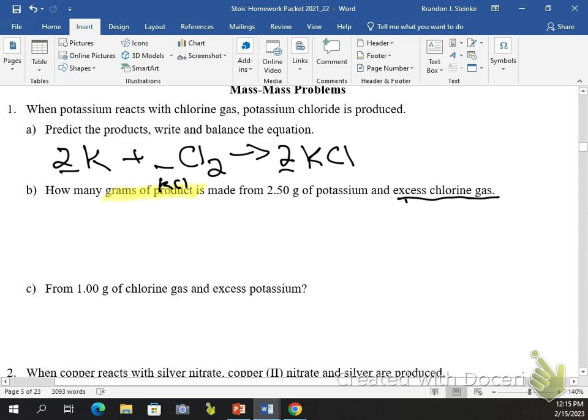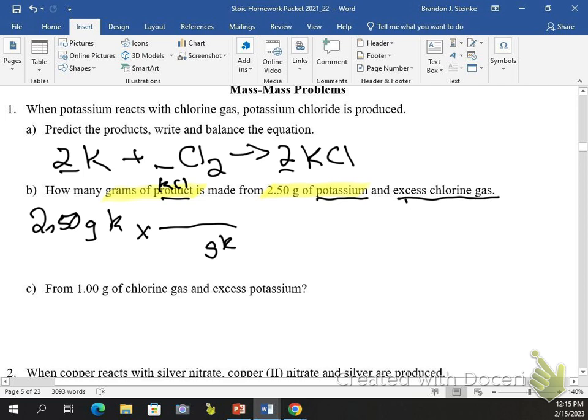All right? So let's start with our given: 2.50 grams of potassium, and I need to get out of grams of potassium. How am I going to get out of grams? First off, do I start and end in the exact same compound? I want to end in KCl, but I start in potassium. Is that the same thing?